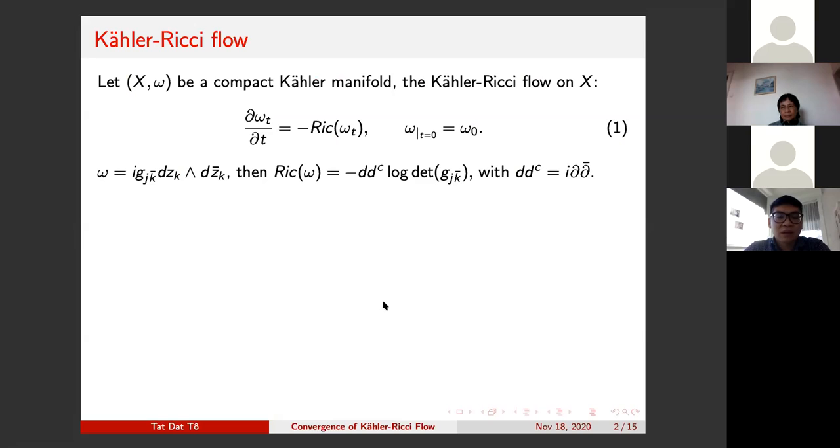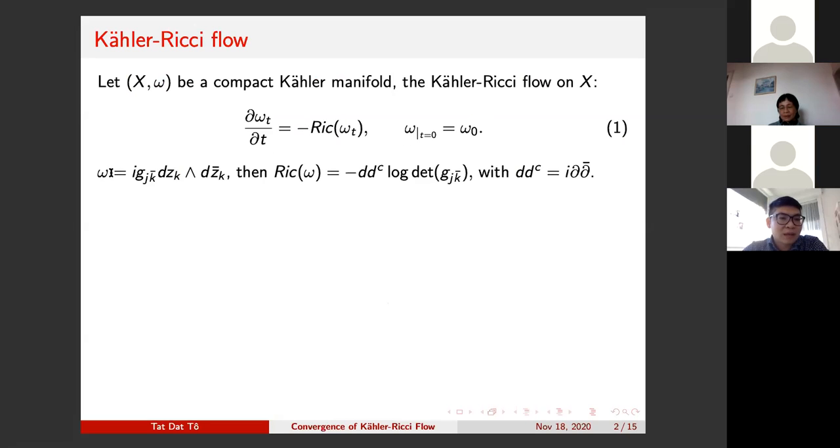So omega is a Kähler form, and we consider the Kähler-Ricci flow on X, which is an evolution equation of the (1,1)-form omega_t: d/dt omega_t equals minus Ricci(omega_t).